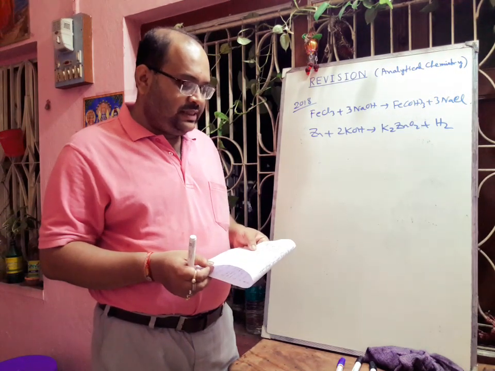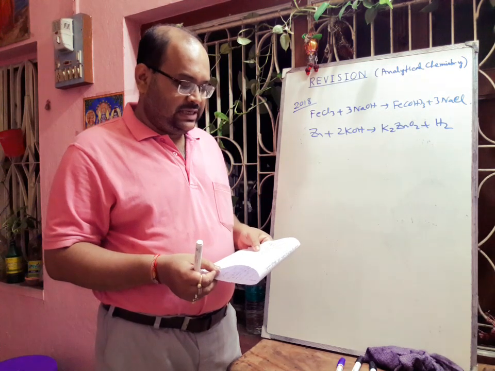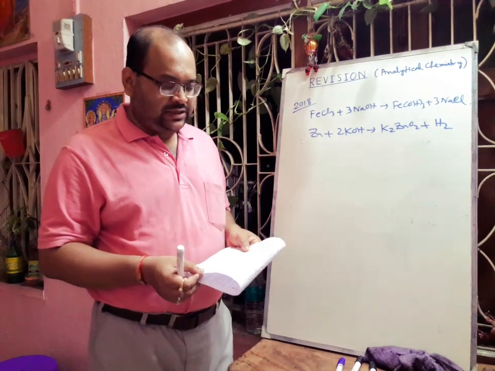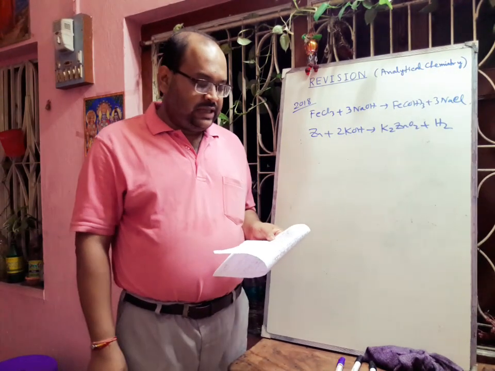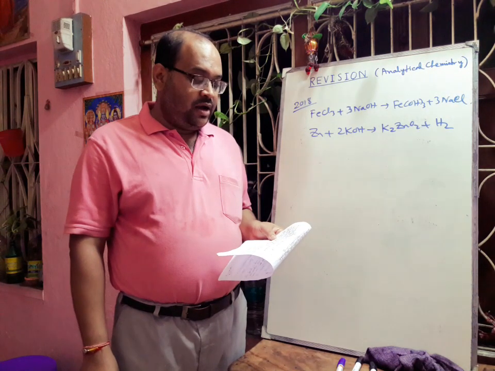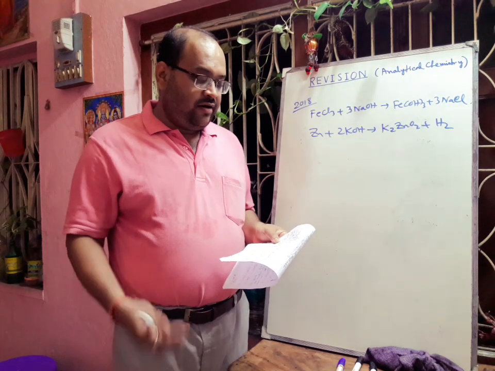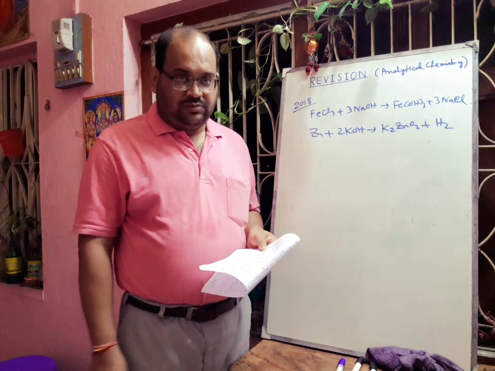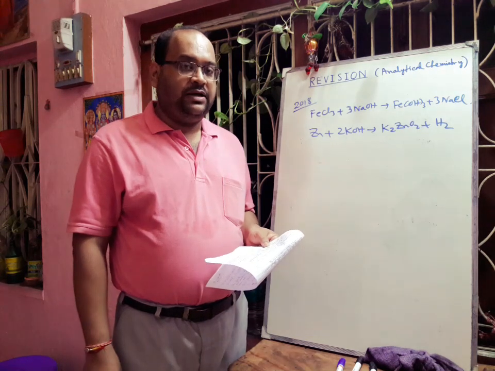Next question: give a chemical test to distinguish between the following pair of chemicals: lead nitrate solution and zinc nitrate solution. In the case of lead nitrate solution, if we add any chloride salt, it will form lead chloride, which is soluble in hot water but insoluble in cold water.